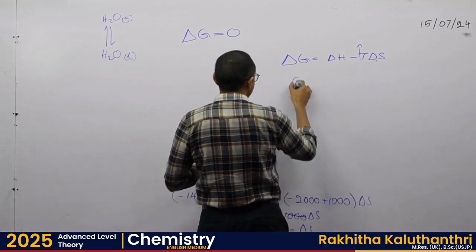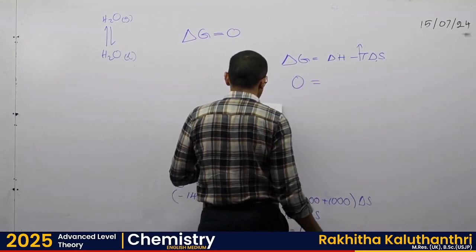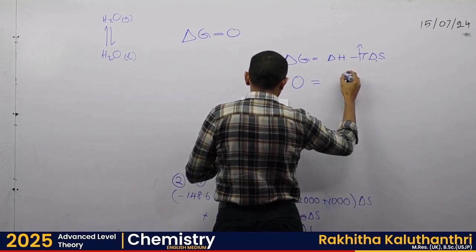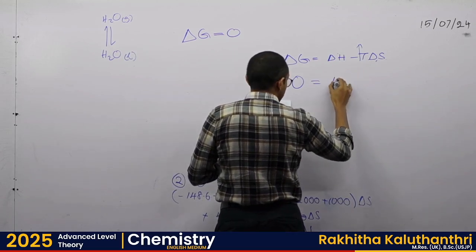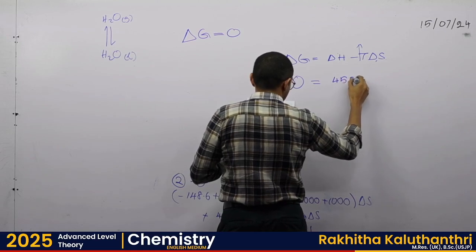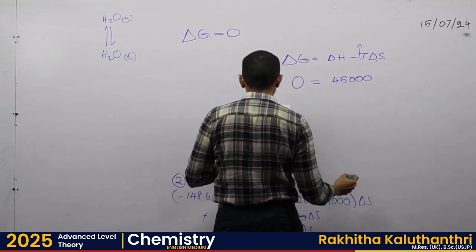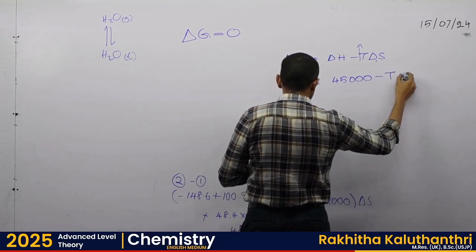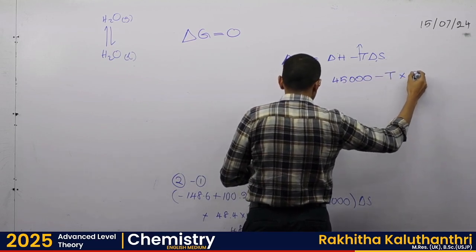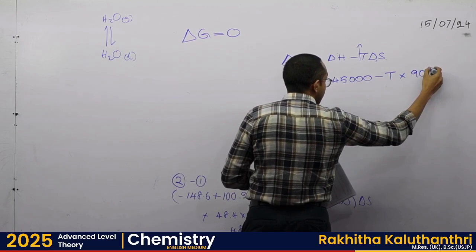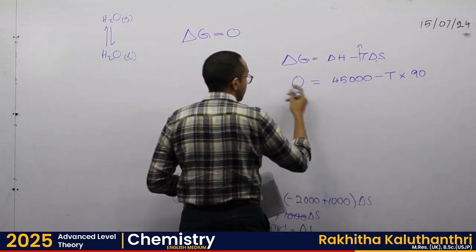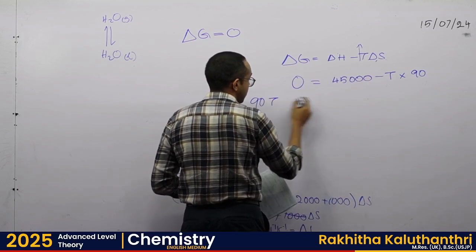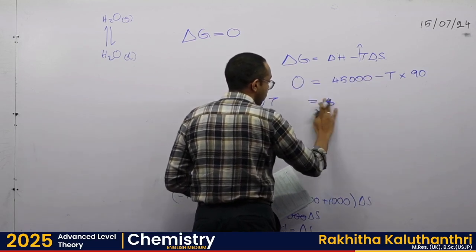So if this is 0, vaporization enthalpy is 45,000 joules per mole, and the other one is T multiplied by 90 joules per Kelvin per mole. So this is 0. So you bring it over here. So 90 T is equal to 45,000.